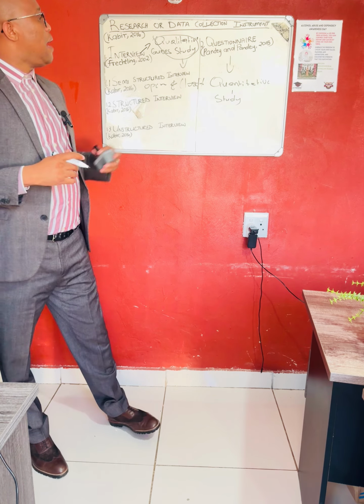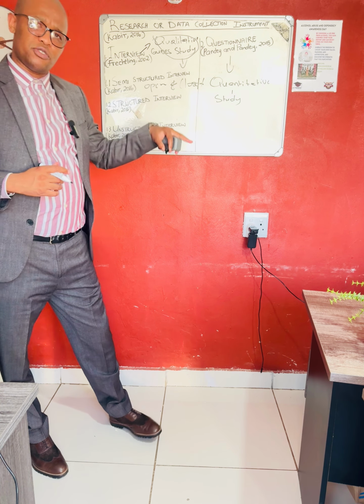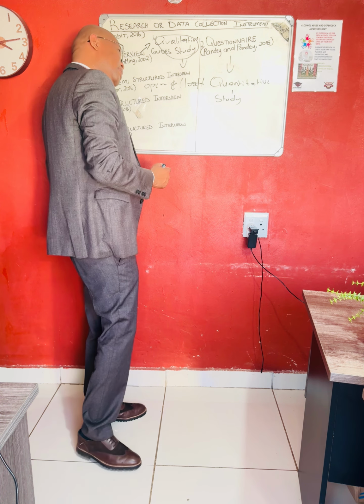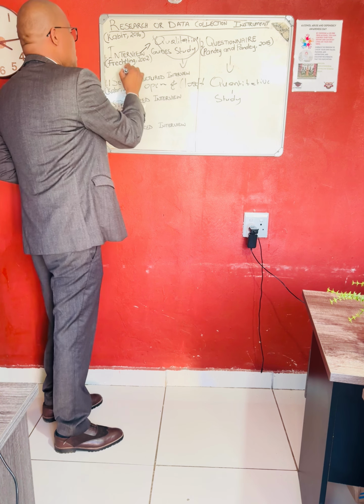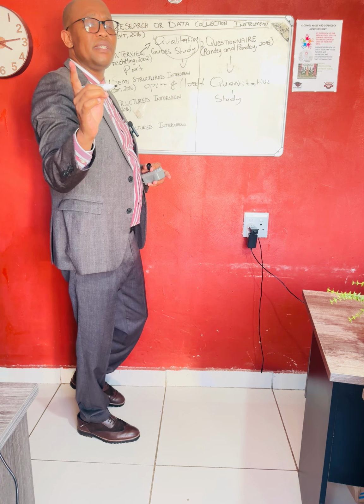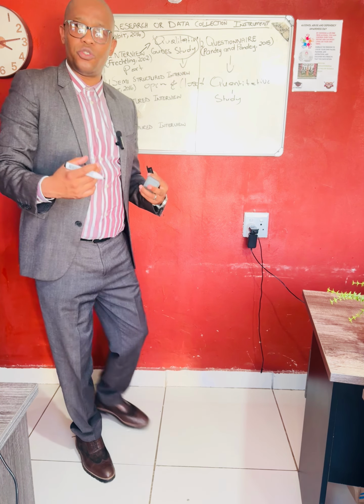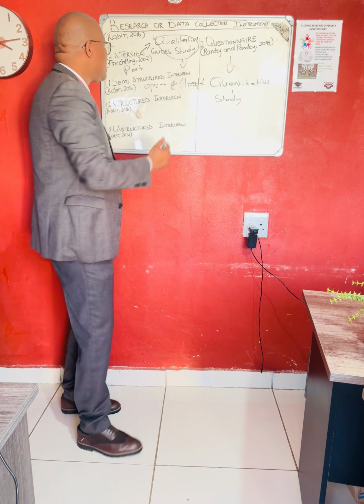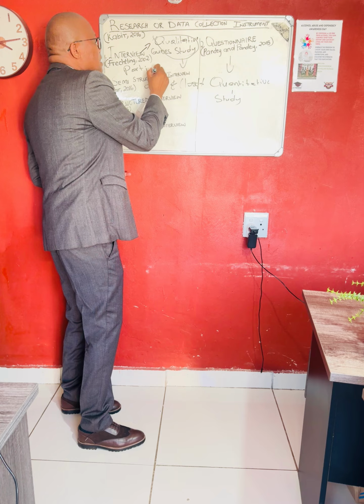Now, in my explanation of these two types of research instruments, I'll be using certain words such as participants and respondents. Therefore, if you are conducting a qualitative study, the sample, the population from whom the data will be collected is referred to in a qualitative study as participants.